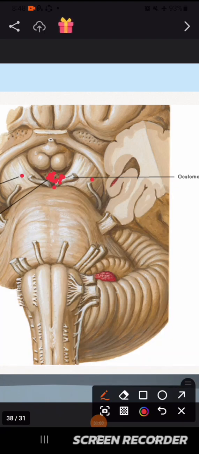From the posterior perforated substance emerges the oculomotor nerve. So the features in the anterior aspect of the midbrain include the interpeduncular fossa, posterior perforated substance, and oculomotor nerve.